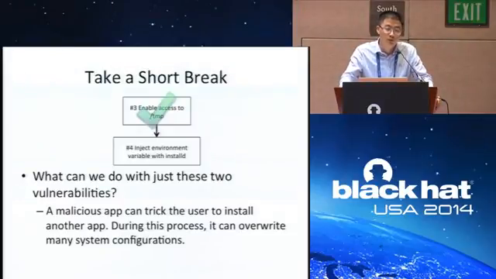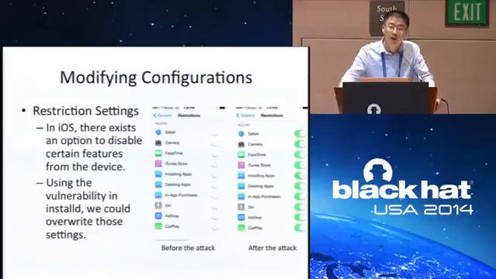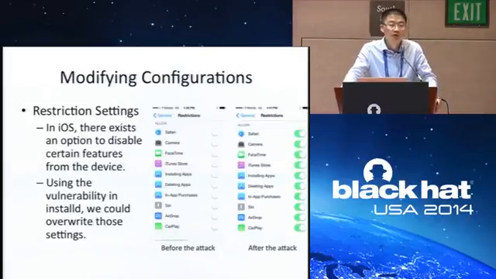During the installation of the other app, this malicious app can create a symbolic link under /temp, and install-D will be tricked into overriding some system configurations. For example, in iOS there's a feature called restrictions. Based on this feature, the user can specify what kinds of functionalities can run on the device. For example, there's a feature called installing apps. If you disable that, you cannot install other apps in future.